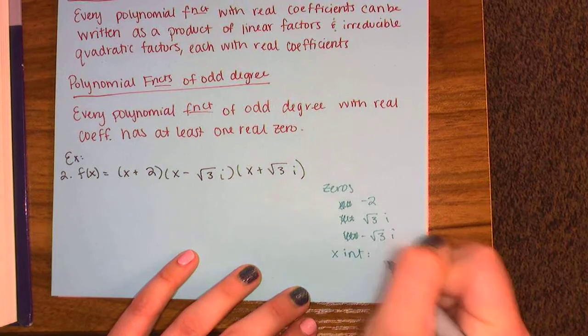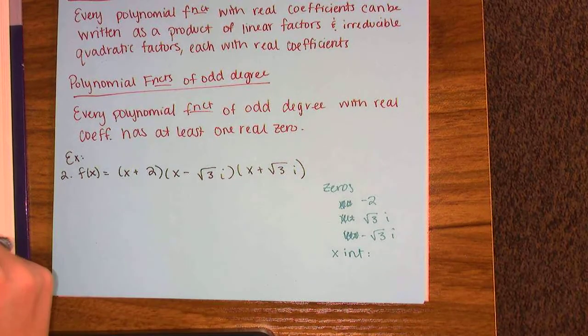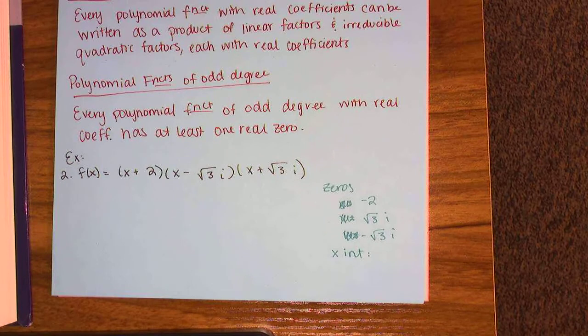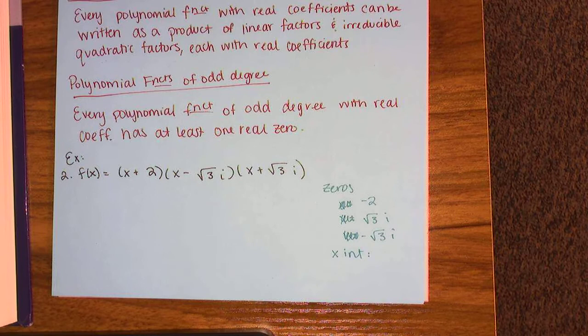So now, any idea what the x-intercepts are? Or are there any, I should say? We have to write it in standard form. I'll give you a hint. There's only one.